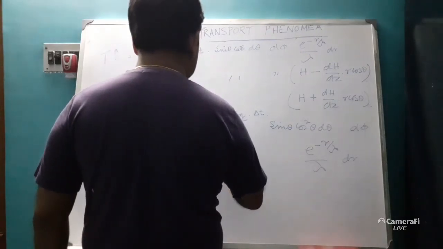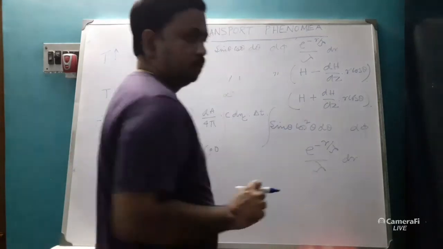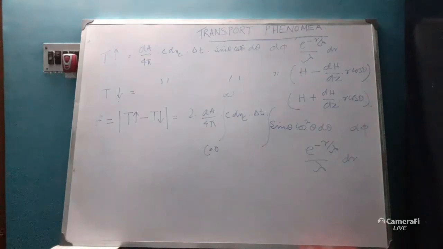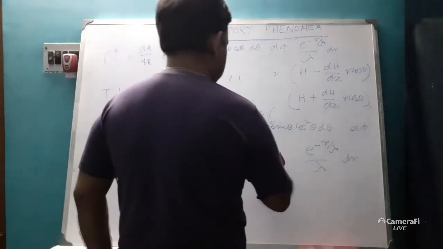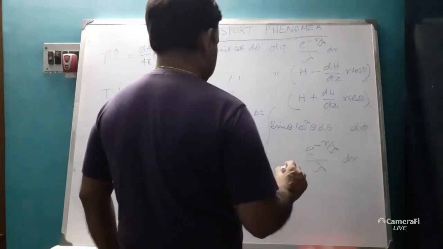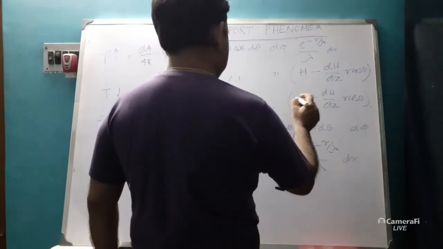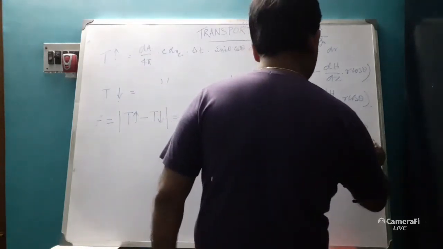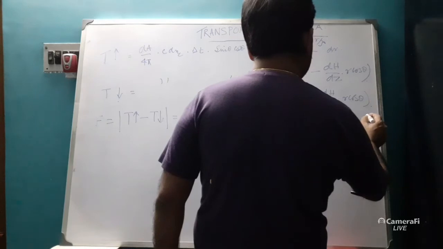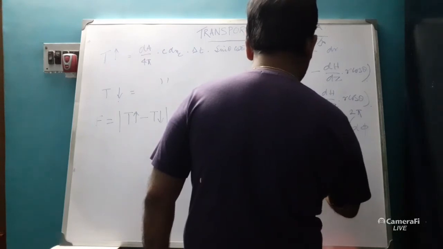The value of c ranges from 0 to infinity, theta is equal to 0 to pi by 2, and phi equals 0 to 2 pi, and r is also running from 0 to infinity.